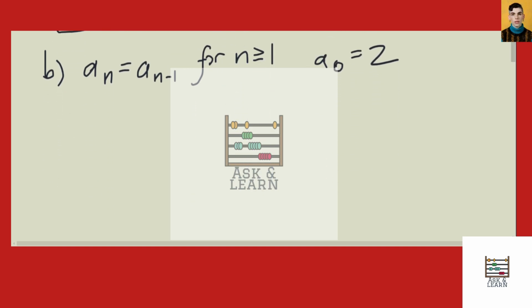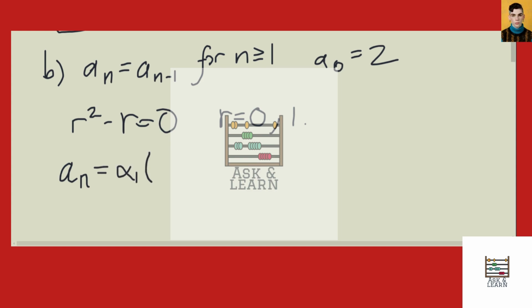However, to use a different method, we have the characteristic equation is r^2 - r = 0, which has roots r equals 0 and r equals 1, which are distinct. And so it follows that the general form of the solution for this relation is a_n = alpha_1 times 0^n plus alpha_2 times 1^n, which is really the same as alpha_2.